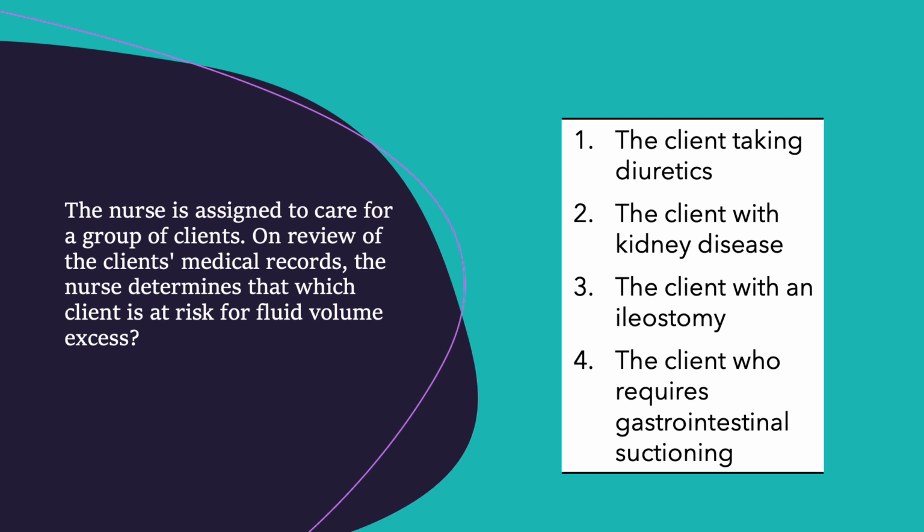In your ileostomy, all your insides is a hole in your ileum, and it's just seeping out. You're getting rid of fluids. Diuretics, you're getting rid of fluids. So in options 1, 3, and 4, everybody is getting rid of fluids, except this client with kidney disease. They may have a problem getting rid of fluids.